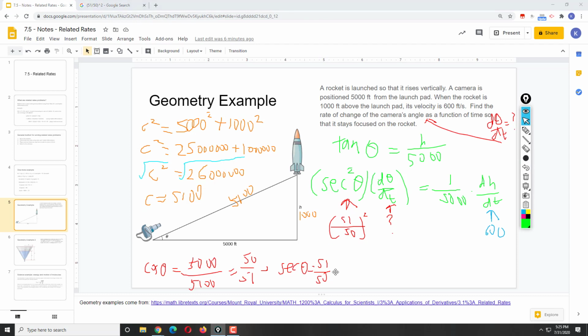So plugging these things in, we get 1.0404 d theta over dt equals 600 over 1500. 600 over 1500 is 6 over 15, which is 3 over 5... sorry, it's 2 over 5, which is 0.4.